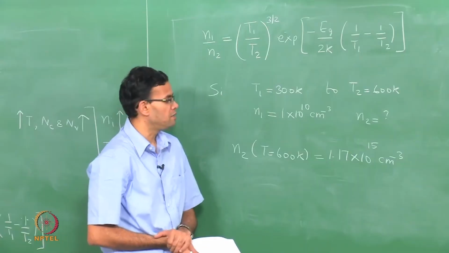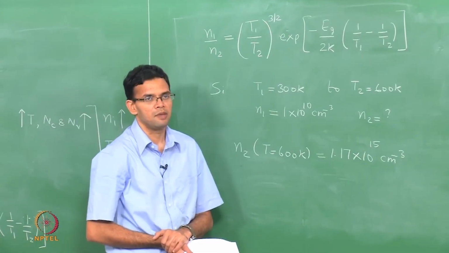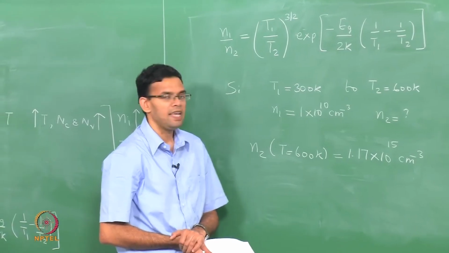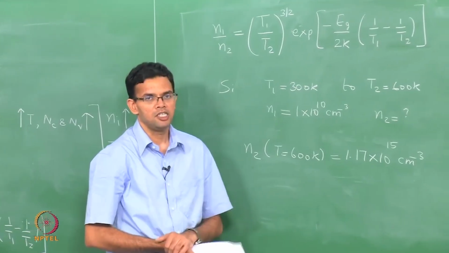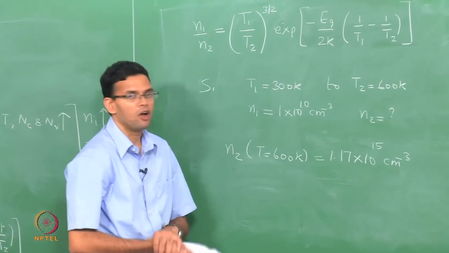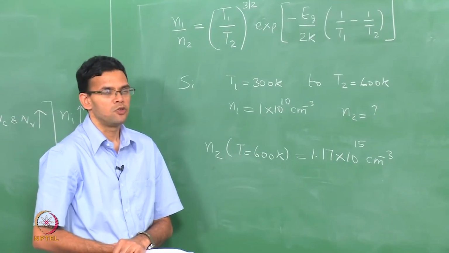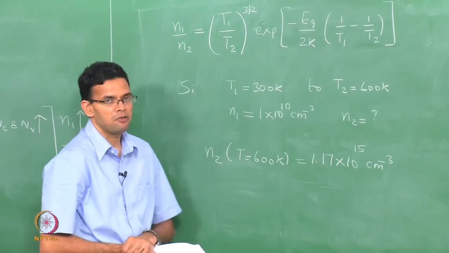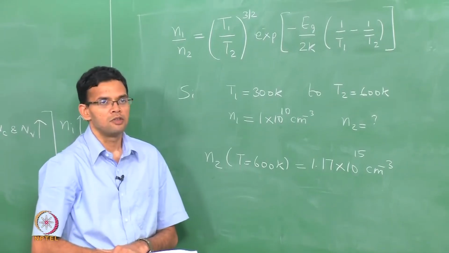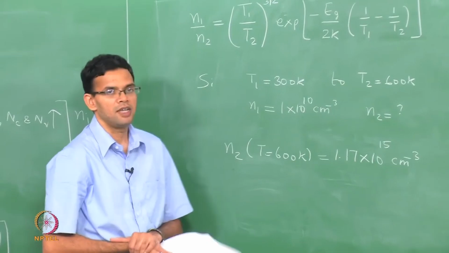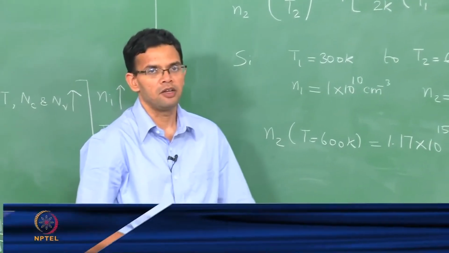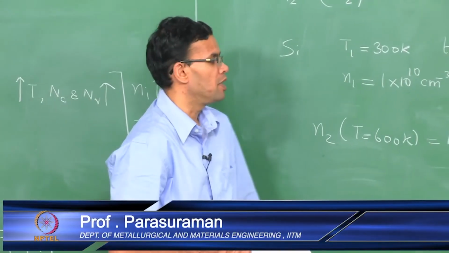So, if you look at an intrinsic semiconductor, the only handle we have in changing the conductivity, as long as we keep the material the same, is temperature. To increase the conductivity, we have to increase temperature. The problem though is most devices we know operate near room temperature or at room temperature.